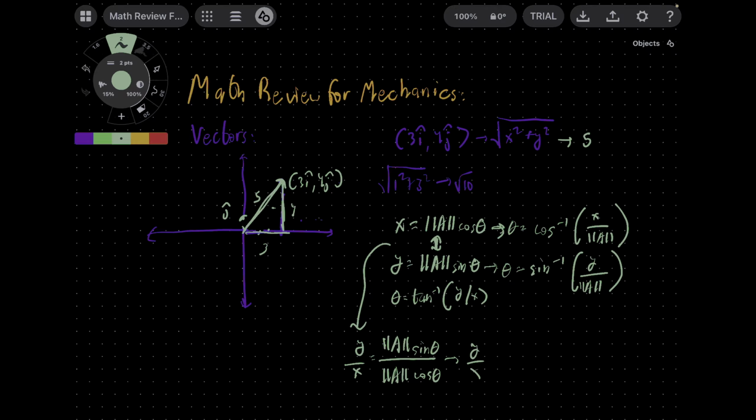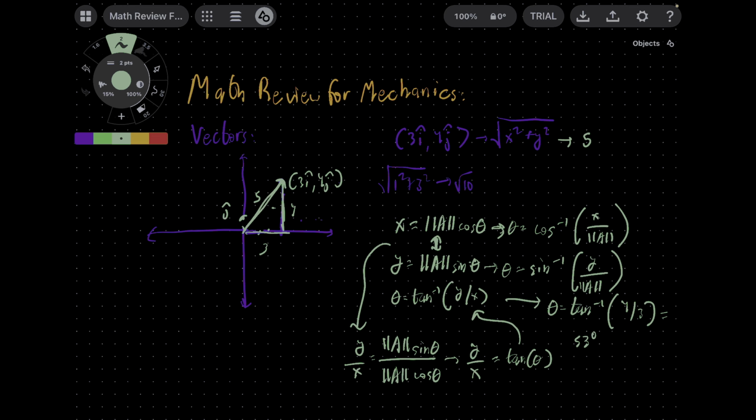So we get y over x is equal to tangent of theta, which gives the formula listed above. If we plugged it in, we would get theta is equal to tan inverse of 4 over 3, which, if I'm not wrong, should be 53 degrees.